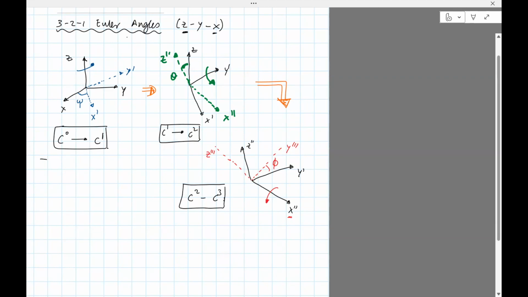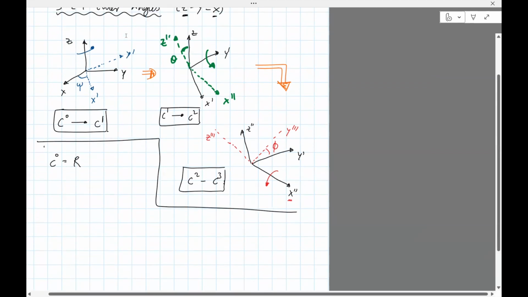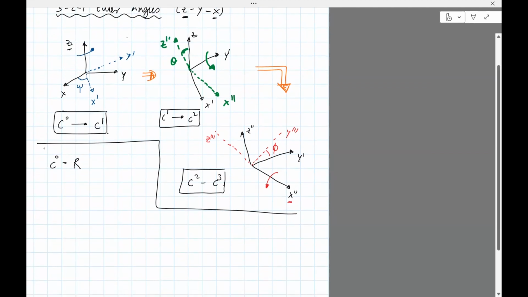What I would like to do is write these transformations using rotation matrices. So C0 is R, and the first rotation was about the Z-axis, so Rz, with the angle we chose being psi. This says it's a rotation about the Z-axis parameterized by the angle psi, and that will get me to C1.